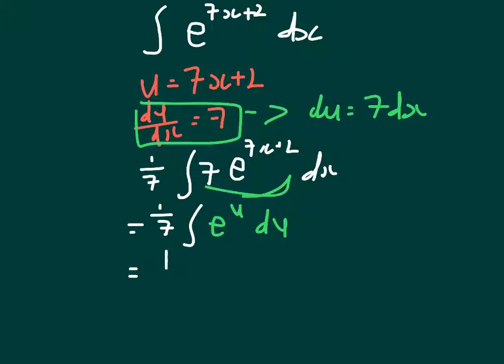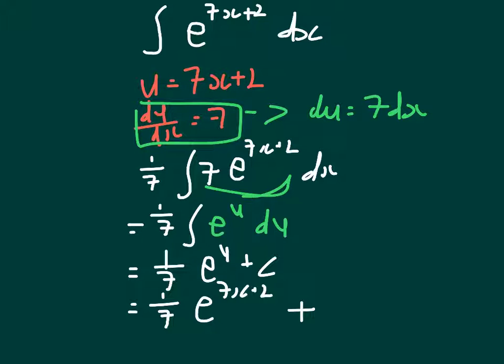That's just e to the u. So I'm going to have e to the u plus c, and so I'm going to have a 7th e to the 7x plus 2, all added with c.